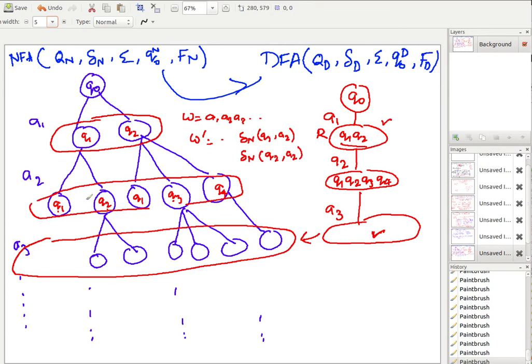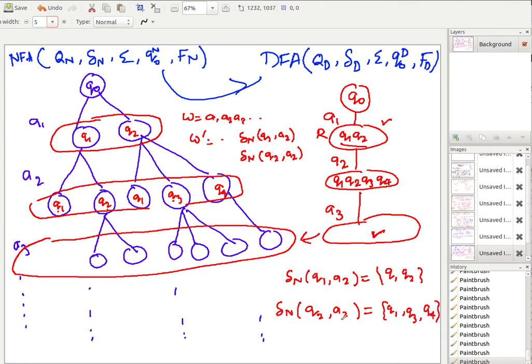So delta n of Q1, A on the non-deterministic machine: from Q1 you are going to Q1, Q2, and delta n of Q2 for the A symbol, you are going to Q1, Q3 and Q4.